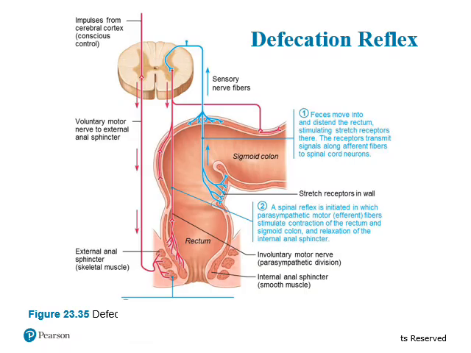The spinal reflex is initiated, which is a parasympathetic motor response in which the parasympathetic motor fibers stimulate the contraction of the rectum and the sigmoid colon and the relaxation of the internal anal sphincter.